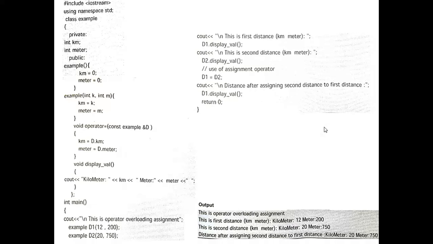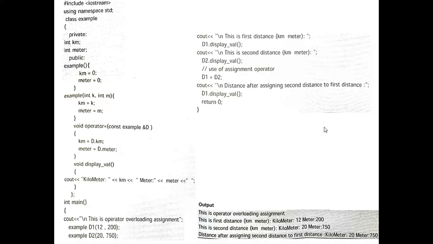As we are passing the values 12 and 200, the parameterized constructor Example will be called, and k will contain 12 and m will contain 200, and these values will be transferred into kilometer and meter, and afterwards the display function will display this is first distance, kilometer 12, meter 200.